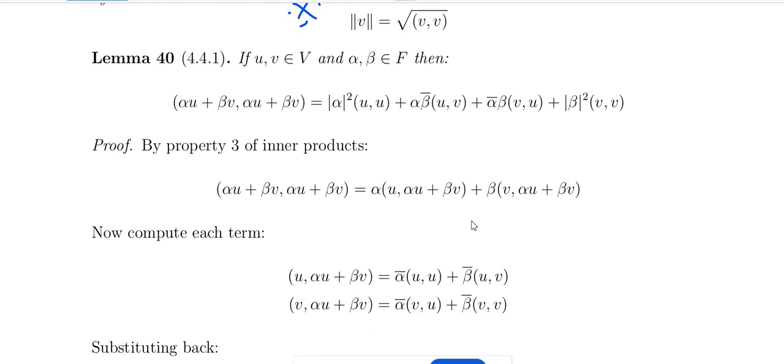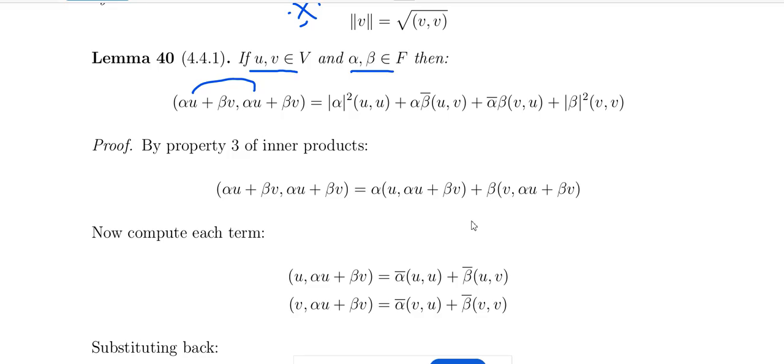So for any two vectors u, v in V, and alpha, beta belonging to F, consider the inner product of alpha u plus beta v with alpha u plus beta v. When you multiply it, alpha into alpha bar gives mod of alpha square times the inner product of u comma v.